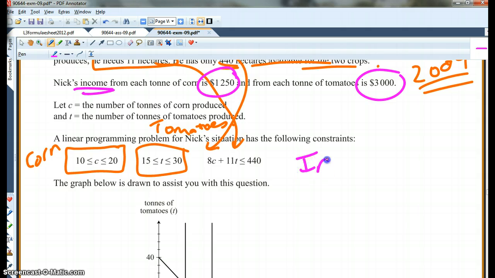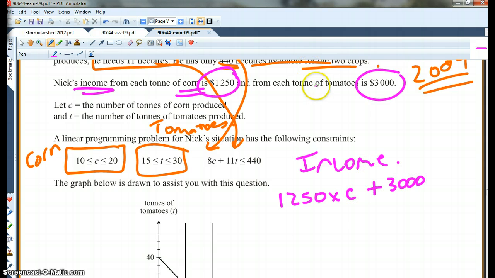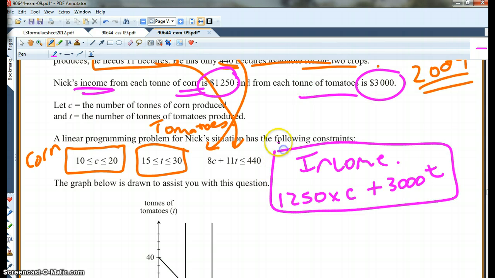So the income equation is going to be what? 1250 times each tonne of corn plus 3000 each tonne of tomato. And what do we want to do with the income? Yeah, and we want to find a max, isn't it? Because we want to make the most money possible.